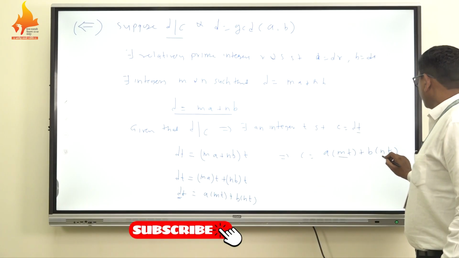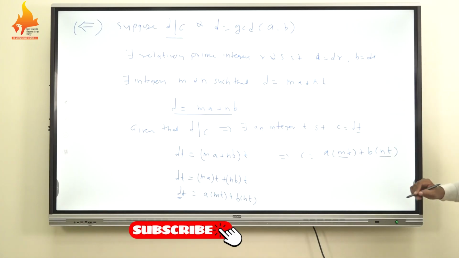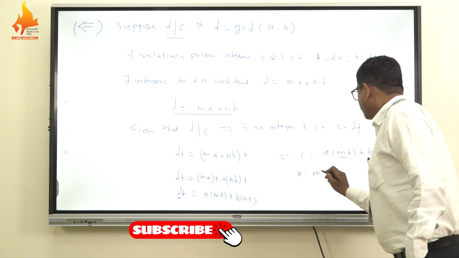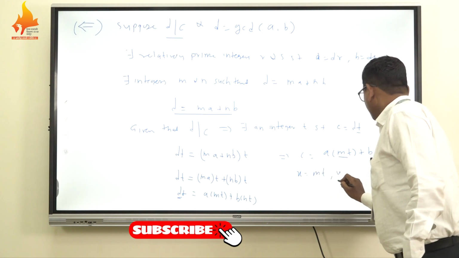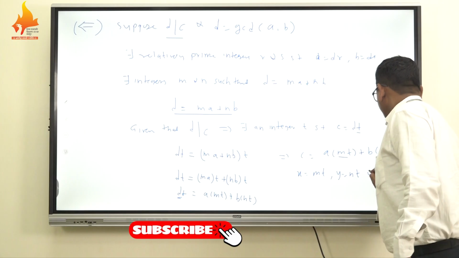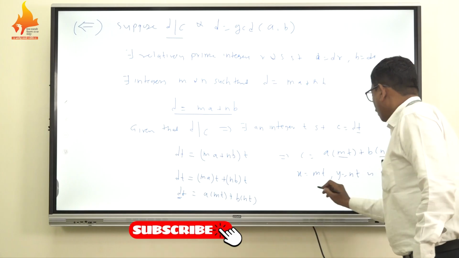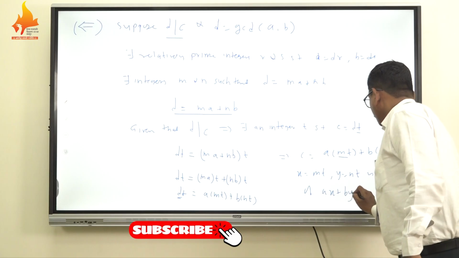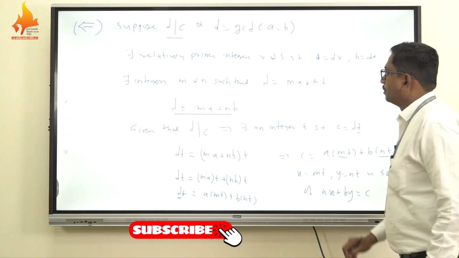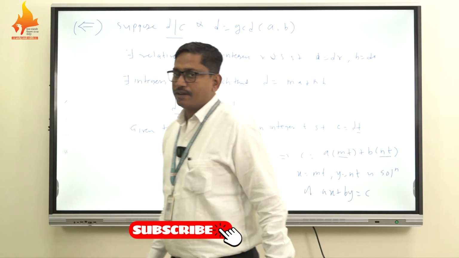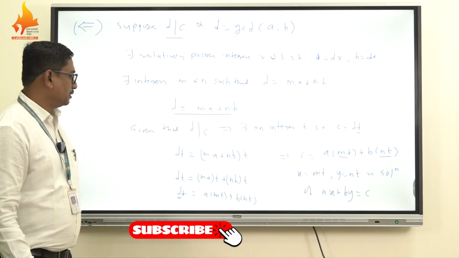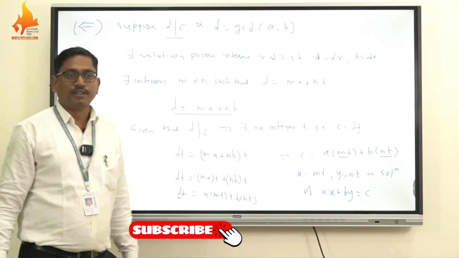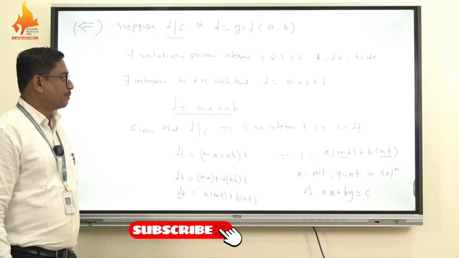So mt and nt are the values of x and y. We get the solution x equal to mt and y equal to nt of ax plus by equal to C. In this way, we have proved that when D divides C, we get a solution to the given linear Diophantine equation. This is the part 1 proof.